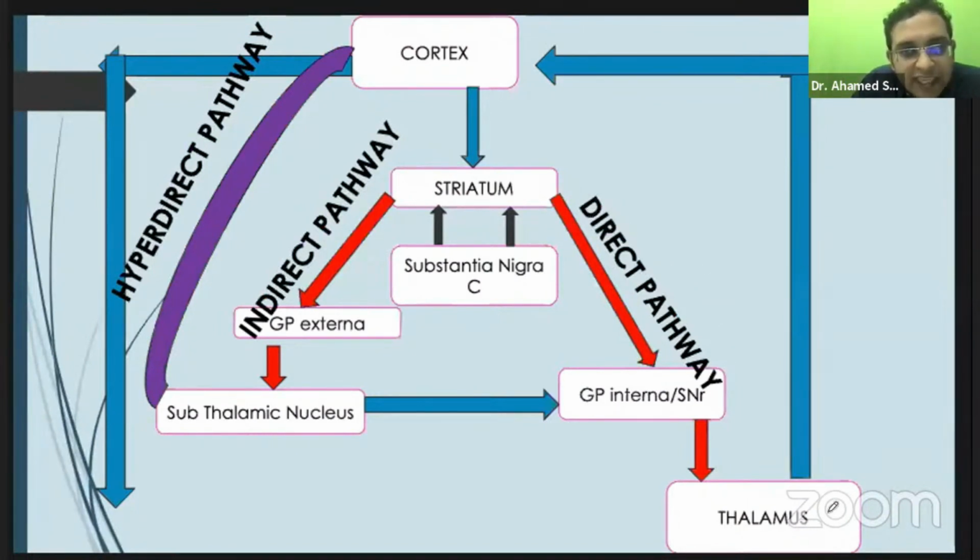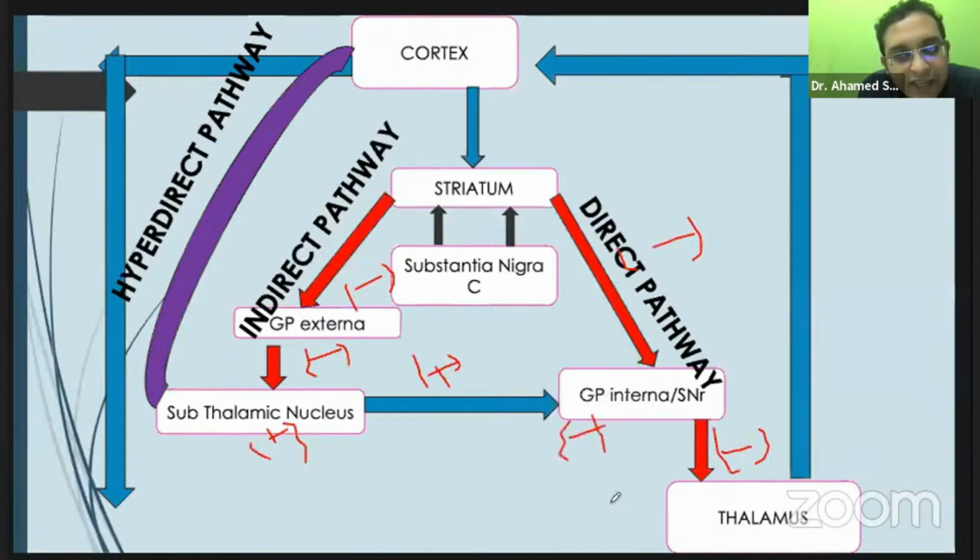But for the thalamus, the direct pathway is disinhibitory, double negative, so negative plus negative is positive to the thalamus. In the indirect pathway, it is positive here, but here it becomes negative, so finally it is inhibitory.